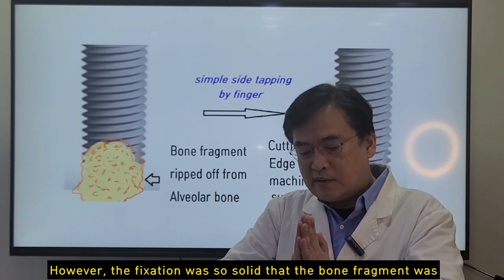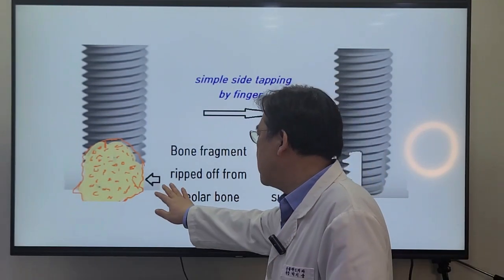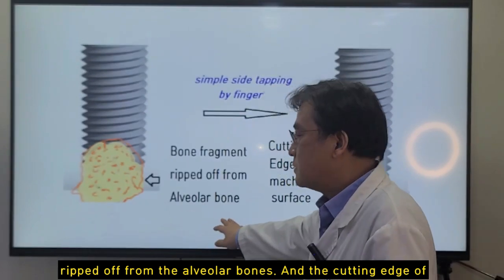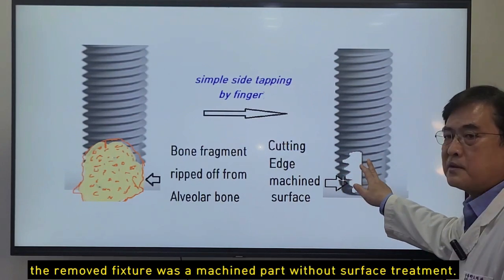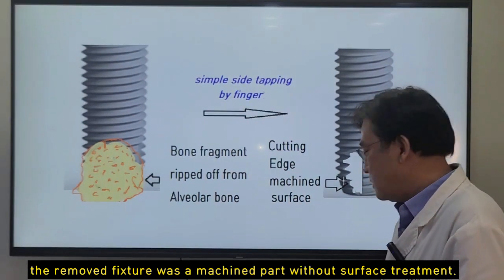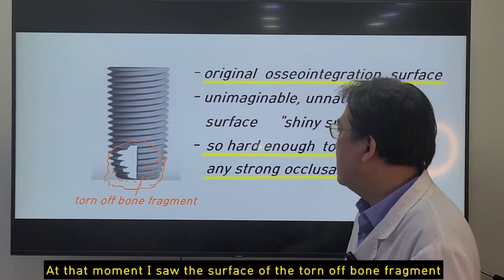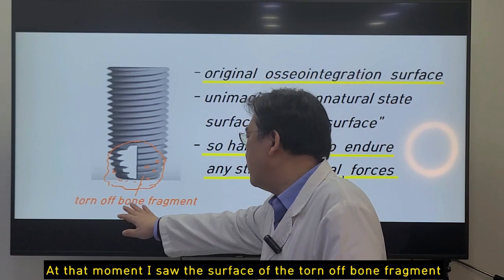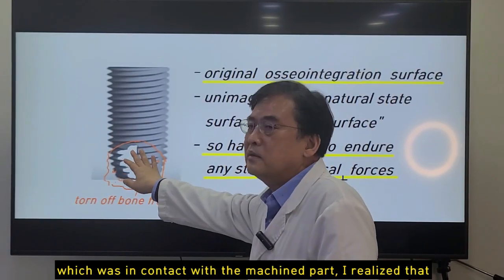However, the fixation was so solid that the bone fragment ripped off from the alveolar bone, and the cutting edge of the removed fixture was machined, without surface treatment. At that moment, I saw the surface of the torn-off bone fragment which had been in contact with the machined part.